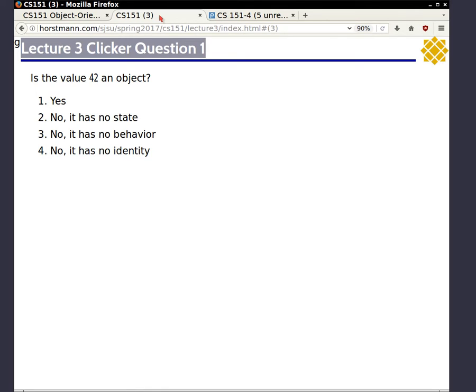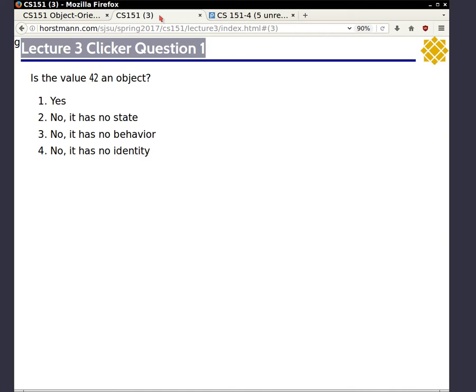But there are other programming languages that don't take that approach and where a number could be an object. So this one has no great answer because the concept of identity somewhat depends on the programming language. 42 clearly has a state, a bunch of bits that make up 42. It has behavior. There are operations on it, like the arithmetic operations. And does it have identity or not?